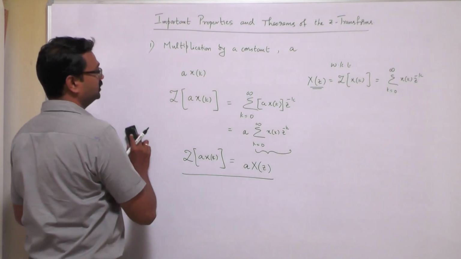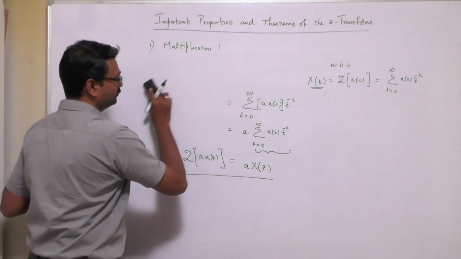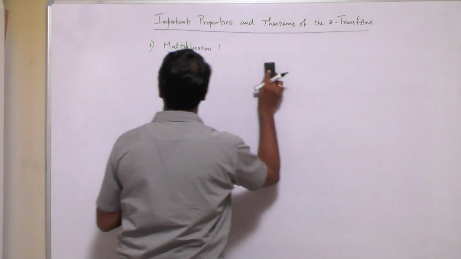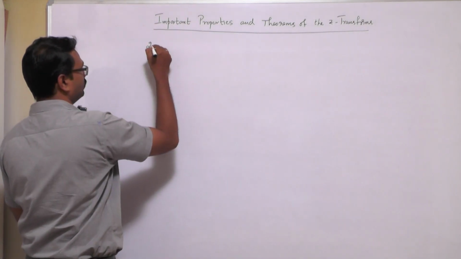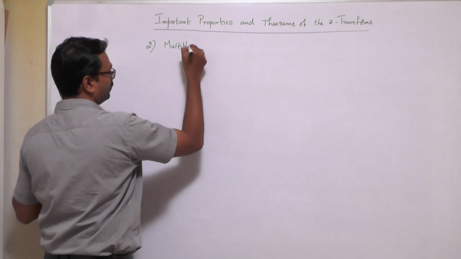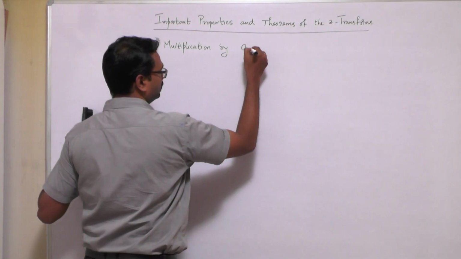Now we will go with multiplying with a polynomial function a power k. The second one, multiplication by a power k.